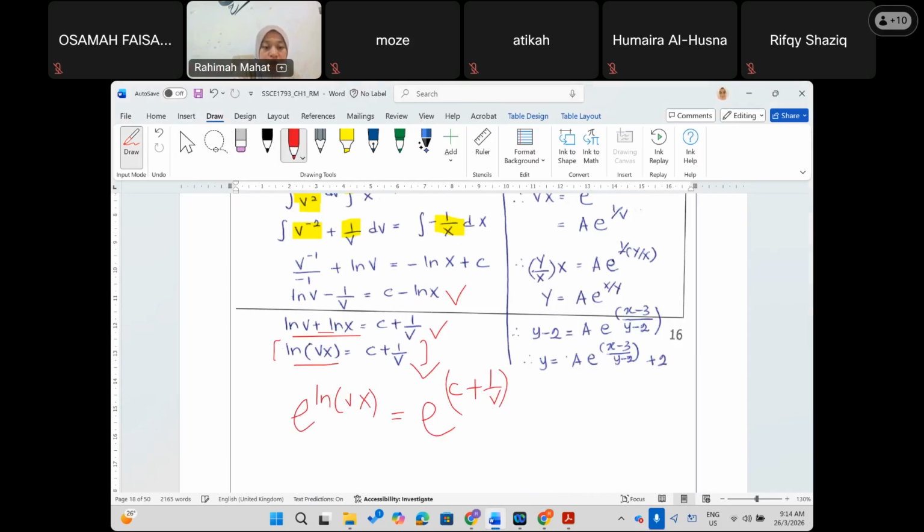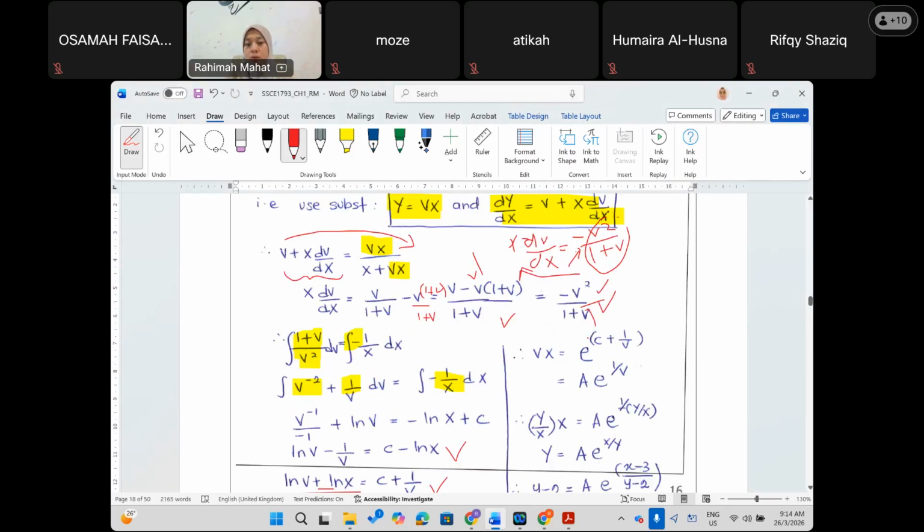Okay, so this one you can eliminate. So you can get your vx. Vx is equal to exponent c times exponent 1 over v.